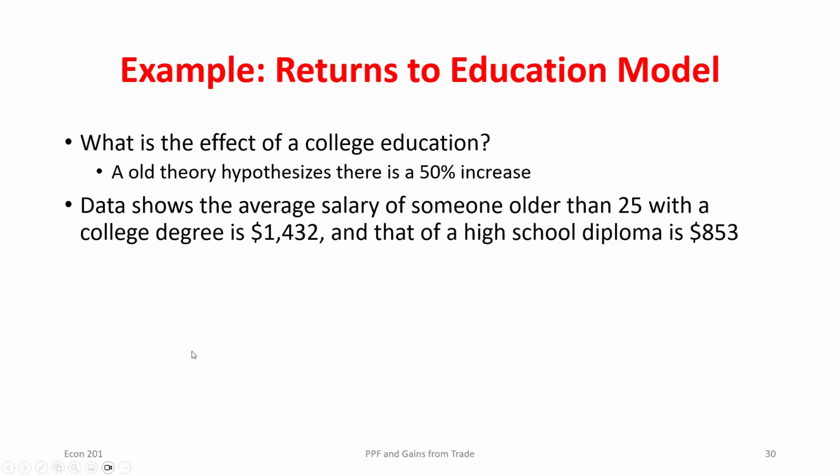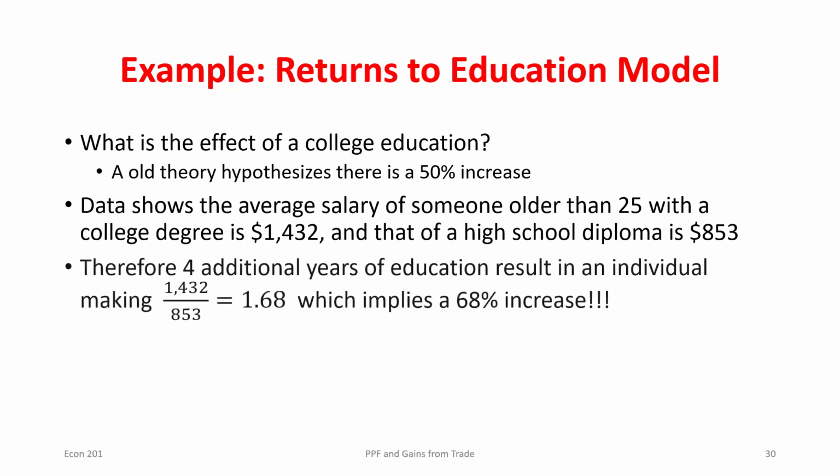They found, and this is older data, so the numbers might seem a little odd, that the average weekly earnings of someone with a college degree was about $1,400, while the average weekly earnings of someone without one was $850. If I take a ratio of those two, the percent increase in expected weekly salary from having a college degree was about 68%.